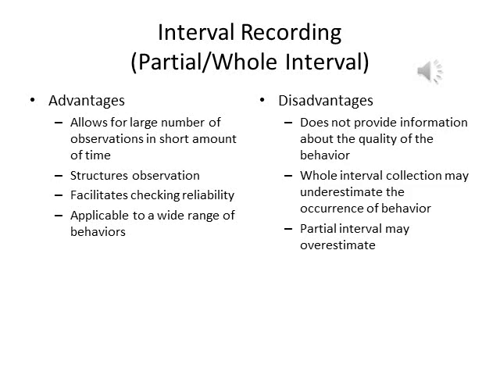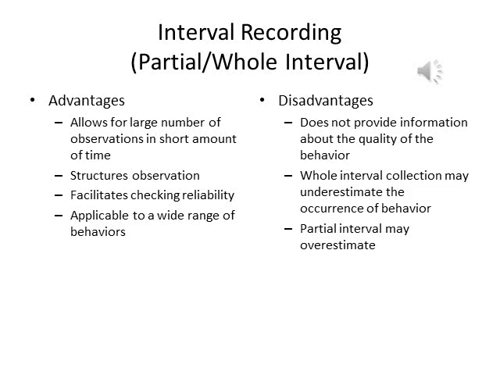Time sampling also allows us to observe multiple behaviors at one time, provides a good structure, and provides a way, which we'll talk about later, for checking the inter-observer agreement or reliability of observation. It's applicable to a very wide range of behaviors. It doesn't provide much information about the quality of the behavior, just whether or not it was there.